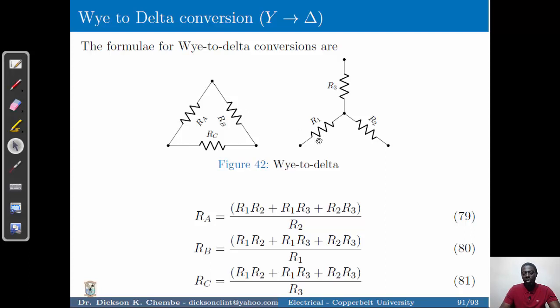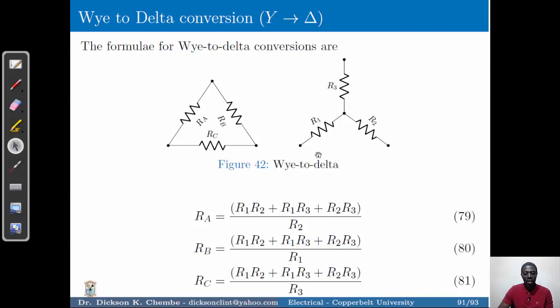But in most cases, you'll find these cases in Thevenin's and Norton's theorem, where after zeroing the sources, where you short circuit the voltage sources and open circuit the current sources, you notice that you are going to have, in some cases, arrangements of a Y and arrangements of a delta. And how do we deal with such scenarios?